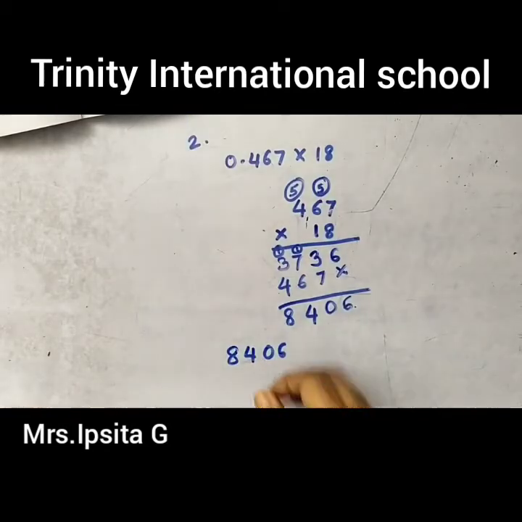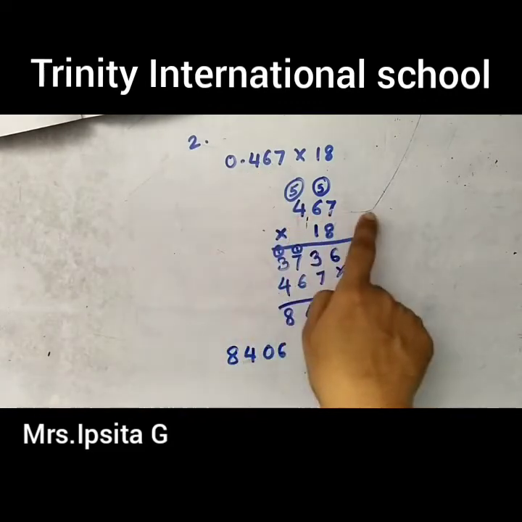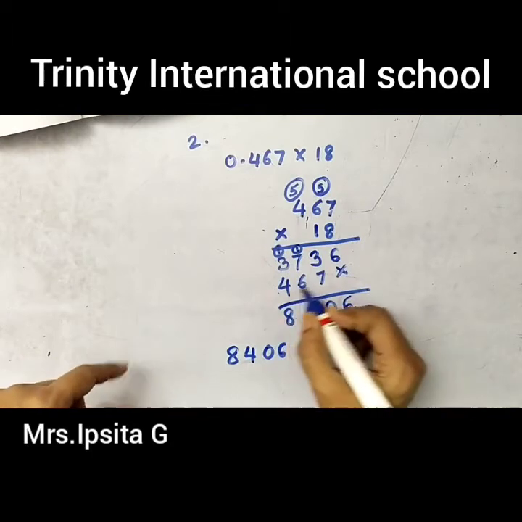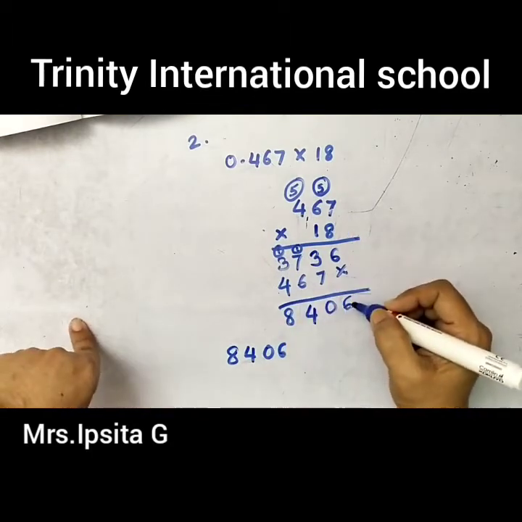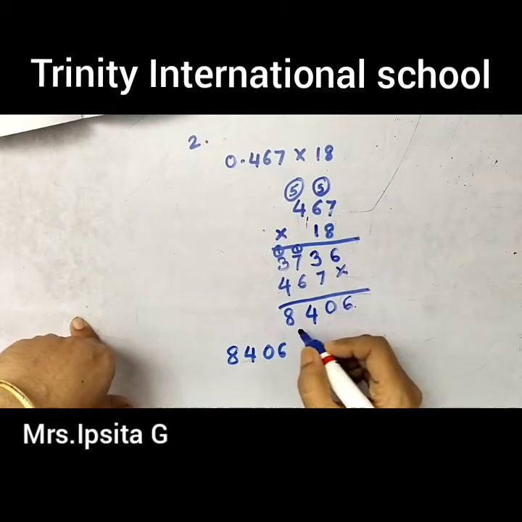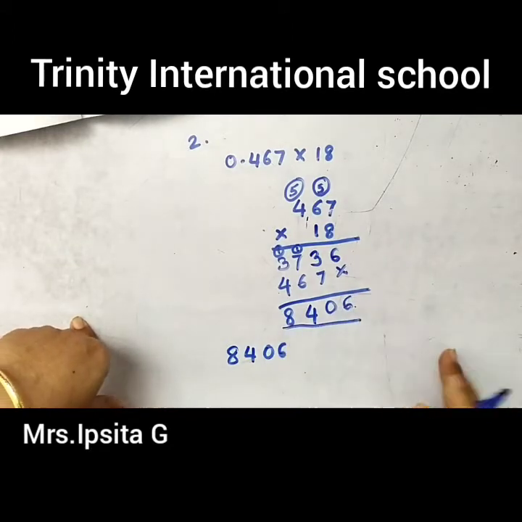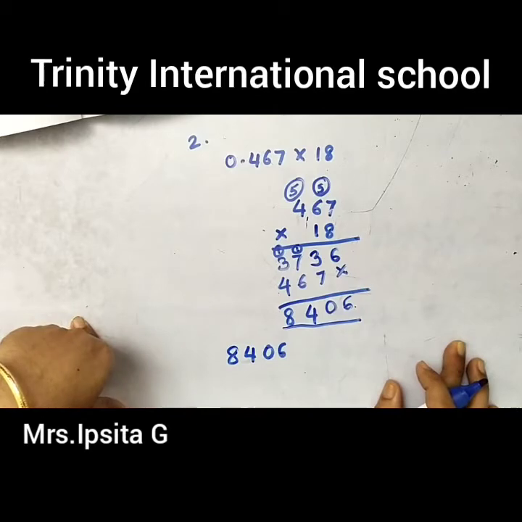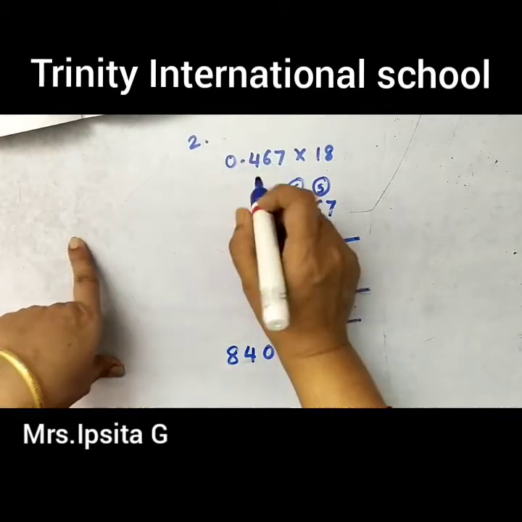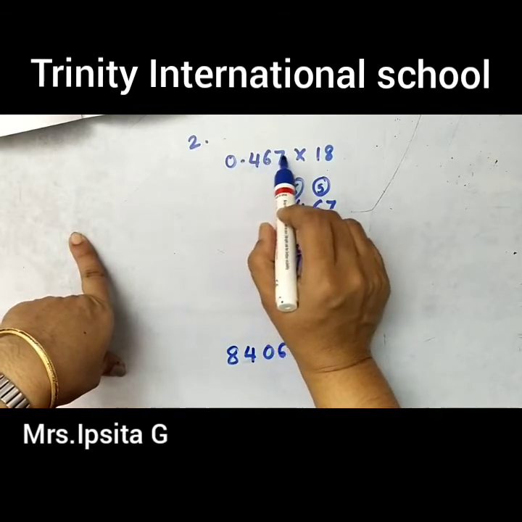Now students, you can see that I did the regular multiplication. देखिए 467 into 18 मैंने कर लिया है. So you know how you have to go for your regular multiplication. So regular multiplication जब हम करेंगे तो हमें ये product मिलेगा 8406. Okay, now you have to place the decimal. So here you can see after decimal 3 digits are there.